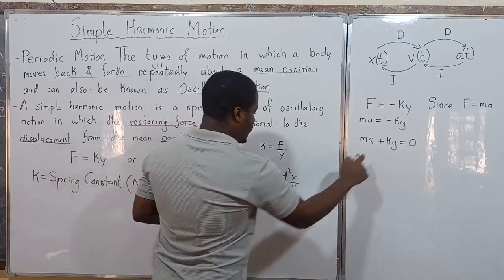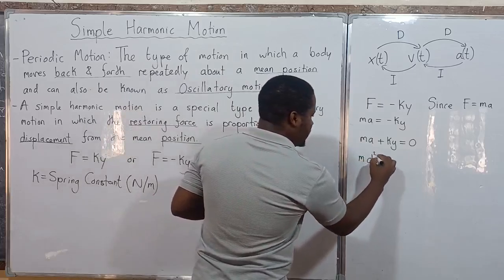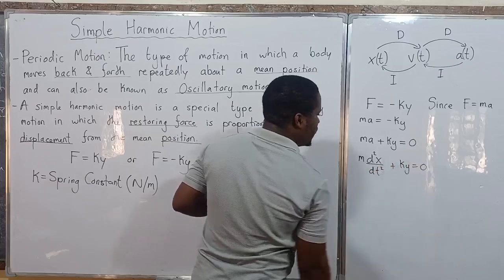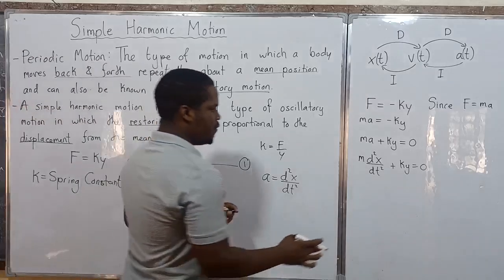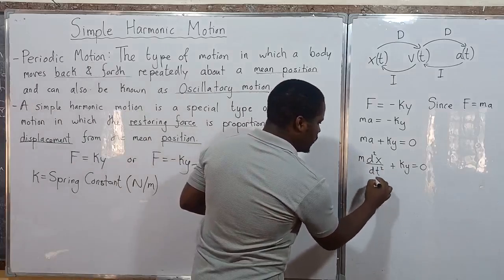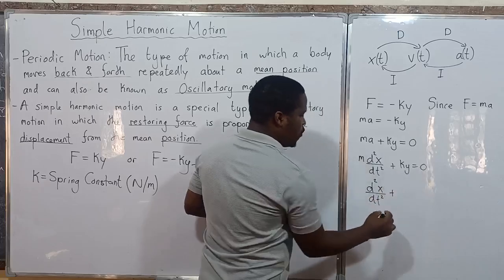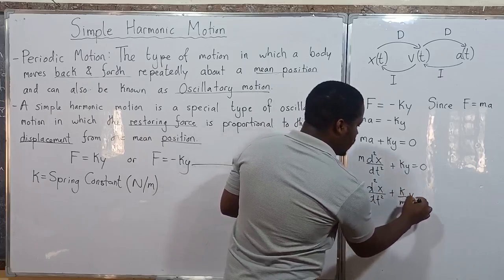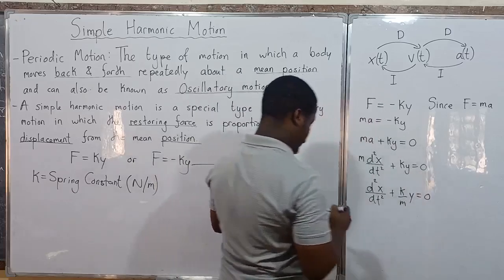So here where there's acceleration, we substitute this double derivative, so that we have m d squared x/dt squared plus ky is equal to 0. Then we divide throughout by mass. If we divide this by mass, we remain with the double derivative. Dividing this by mass, we have k over m times y. Then divide 0 by mass, you still get 0.